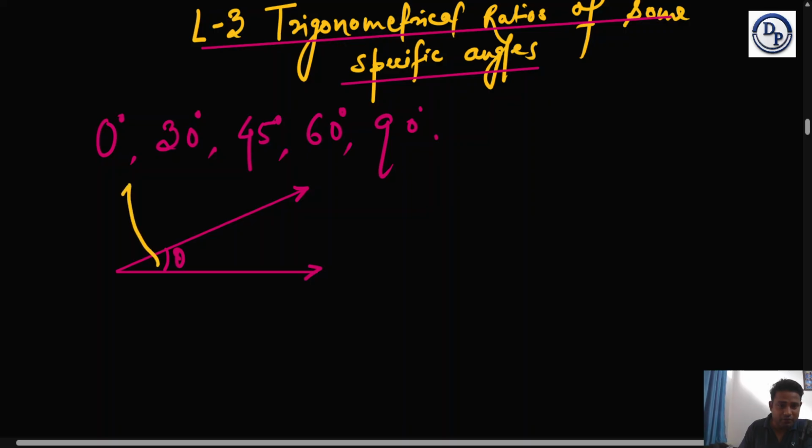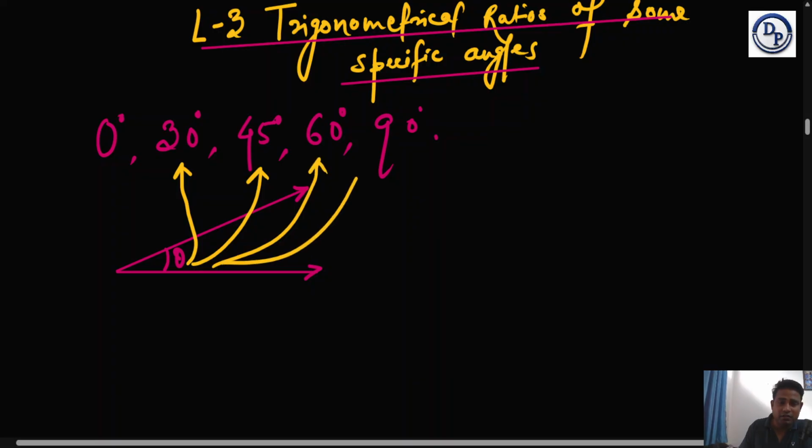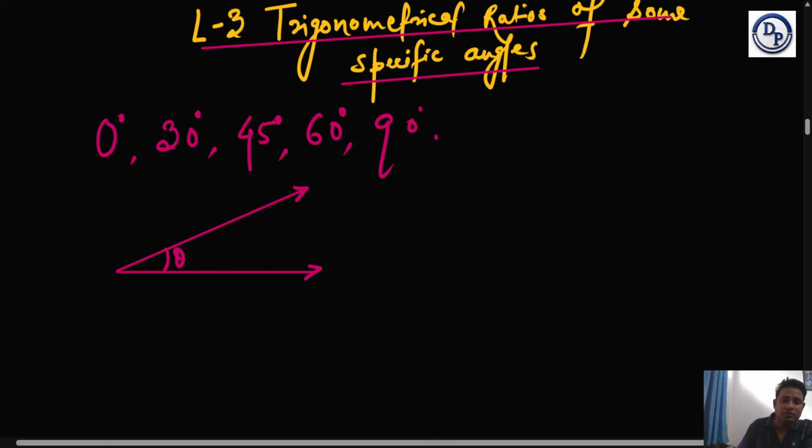As I told you, this theta could be 30 degree, 45 degree, 60 degree, 90 degree, and 0 degree as well. For each and every one we have to understand all these things. So what are the trigonometric ratios regarding all these angles?